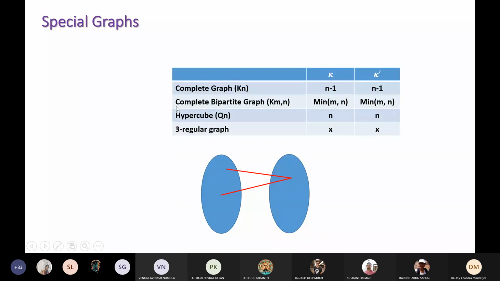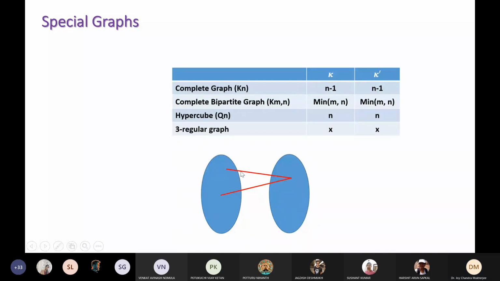Then the complete bipartite graph K(M,N). For it, the connectivity will be the minimum of m and n, so it will be 1 in that case. If I delete this vertex, it will disconnect the graph. Similarly, if I delete it, so that is why the vertex connectivity is 1.